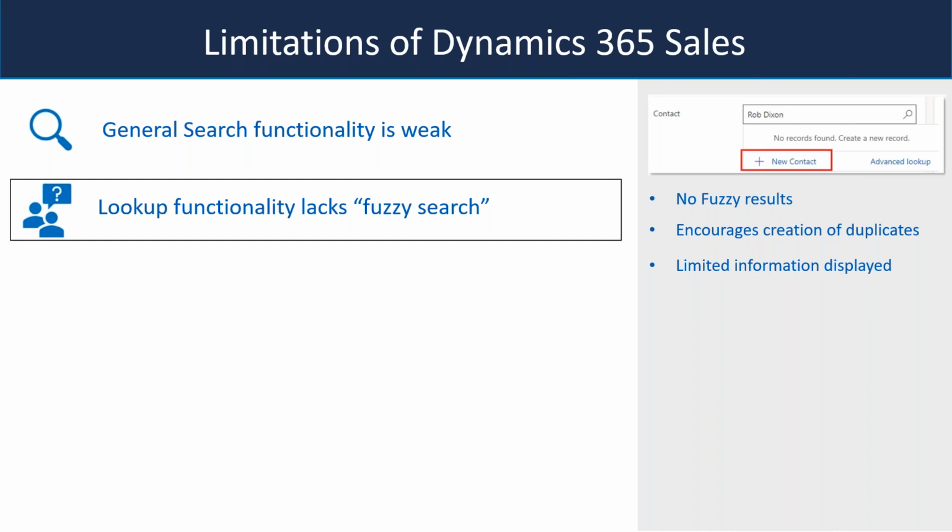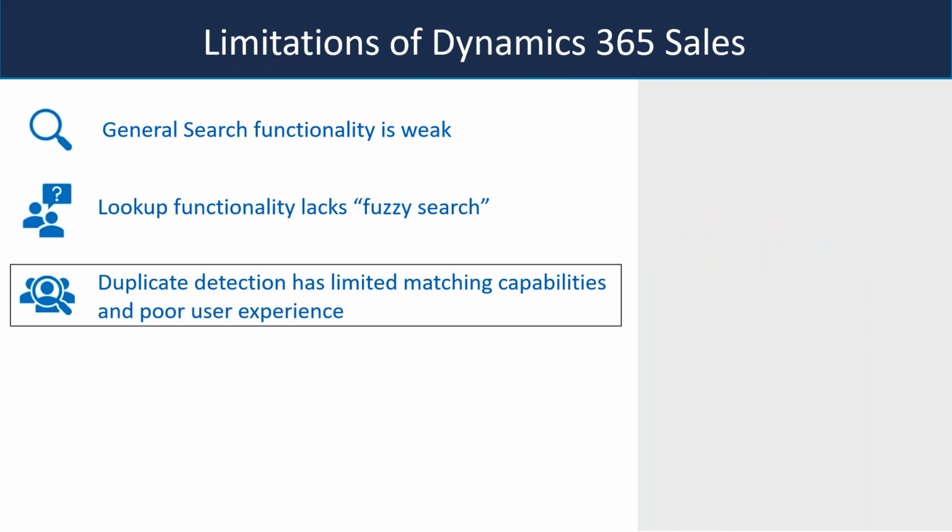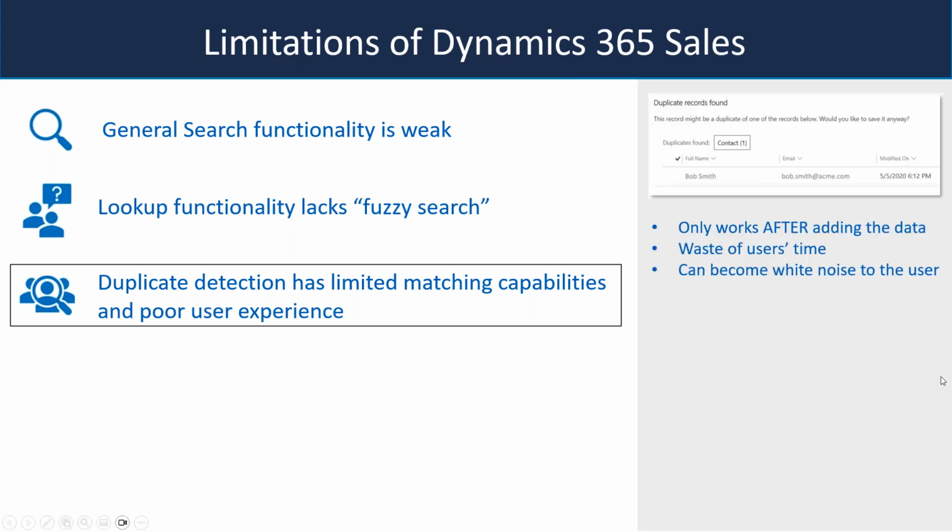So it's really encouraging the user to create a duplicate, and much worse, it's wasting their time because it's already there, right? I, as a user, do not want to spend any extra time. And of course, even if there is a match, the information to choose which is the correct record is very limited. Then we all know, of course, and love, not really, the out-of-the-box duplicate detection, which of course has limited matching capabilities, but really it's a poor user experience.